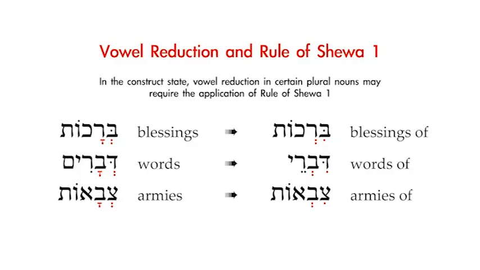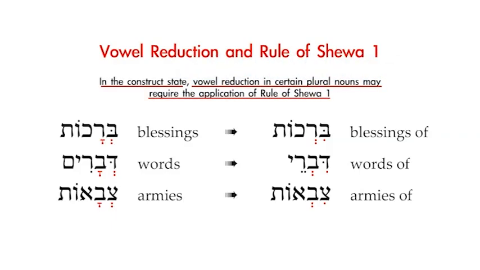Now with certain nouns, especially plural nouns, you may have multiple syllables move into the propretonic state. And when that happens, you're going to get the application of rule of schwa 1 or rule of schwa 2. Let's look together. In the construct state, vowel reduction in certain plural nouns may require the application of rule of schwa 1.